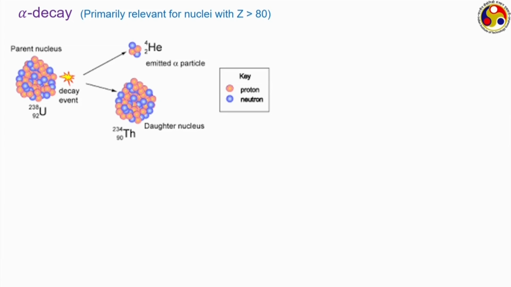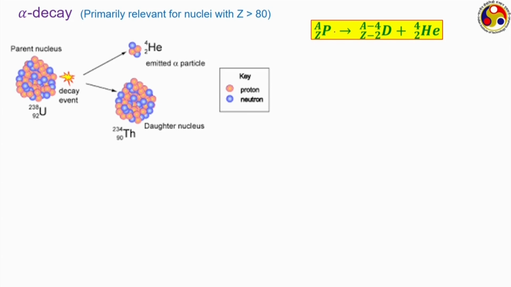A parent nucleus, in this example uranium 238. Alpha decay means a very stable helium isotope, that is 2He4, goes out, and because of that we have a transmutation process where a daughter isotope forms with 2 protons and 2 neutrons less than the original one. It can be represented in a form like this, which we have seen in the last one also.